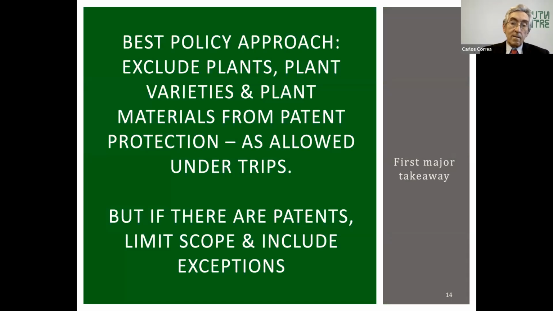Okay, then as a first takeaway of this introduction, the best policy approach for developing countries would be to exclude plants, as authorized explicitly by the TRIPS Agreement. Also, certainly to exclude plant varieties from patent protection and plant materials. And all this is certainly allowed under the TRIPS Agreement. But as I mentioned, and it was indicated by the previous study made by the South Centre, there are patents which are granted in many developing countries in relation to these materials, in particular to plants and plant varieties.